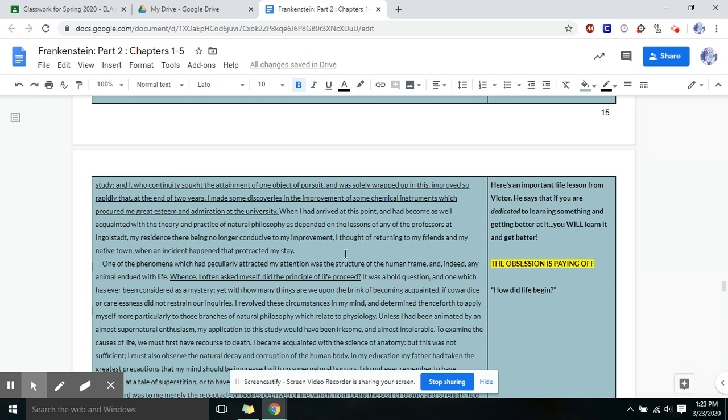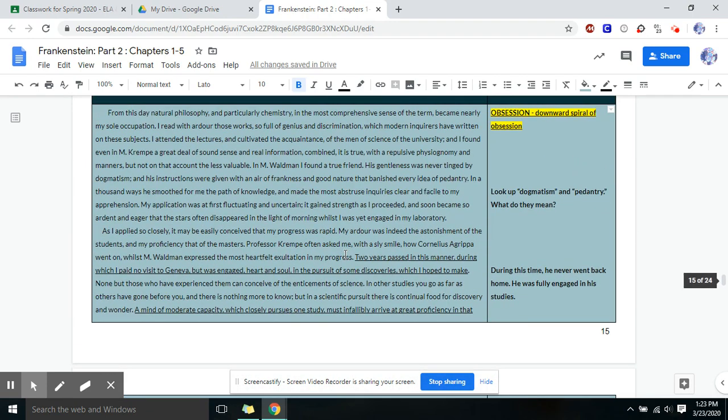The focus of his life is that scientific discovery. And we haven't seen much about fate or destiny to some extent, but we have seen that this is what he's going toward. This is his focus. So far, we're more talking about this obsession than the 4 themes we've talked about.